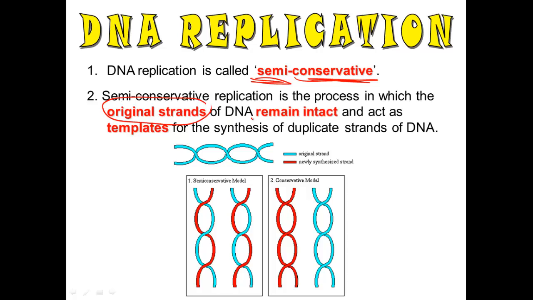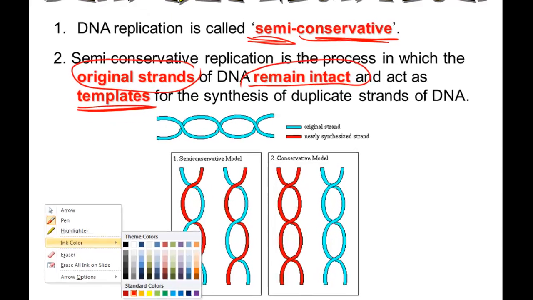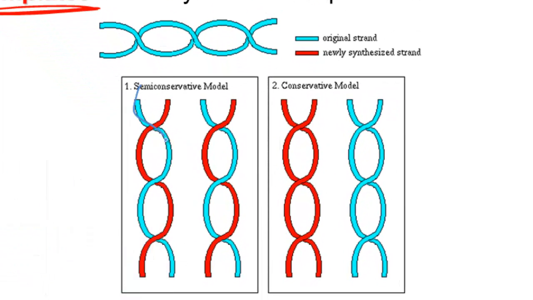DNA replication is semi-conservative, and what that means is that the original strands, seen in blue here, remain intact, and they act as templates for the new strands that are being duplicated. Each new copy of DNA has at least one of the original strands.